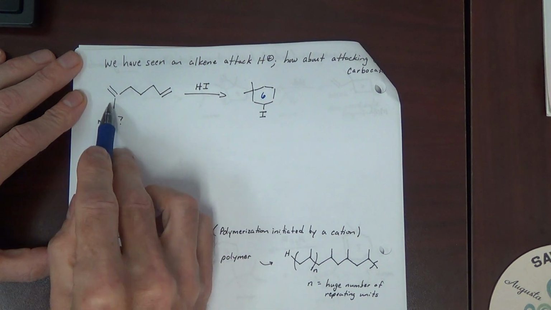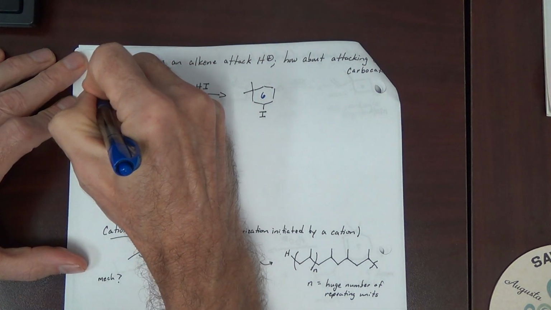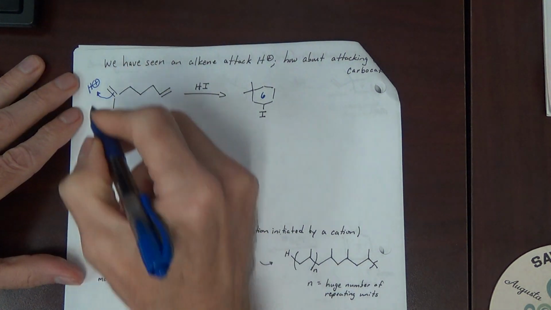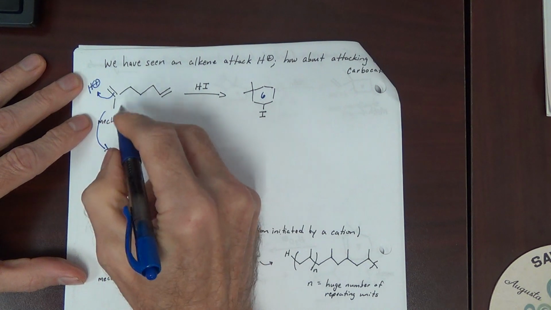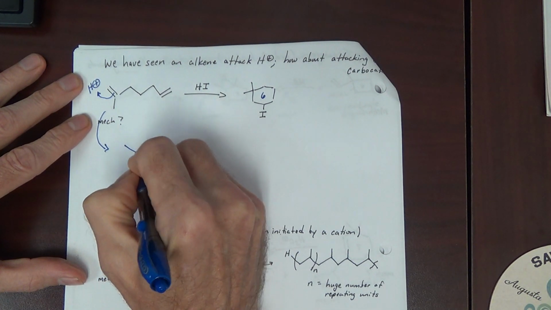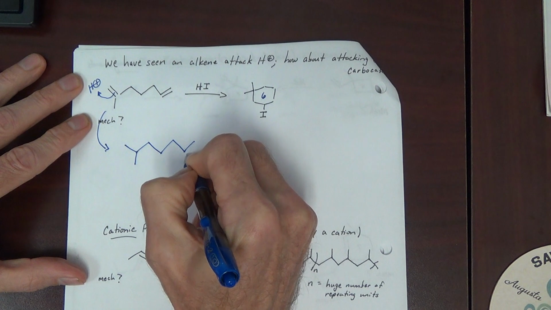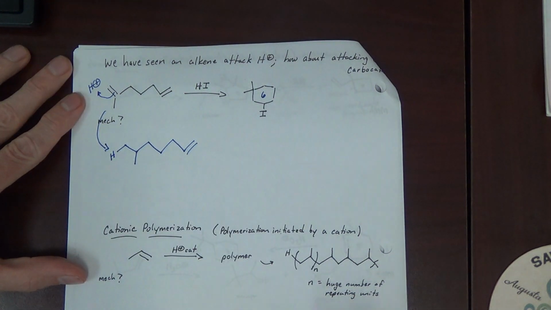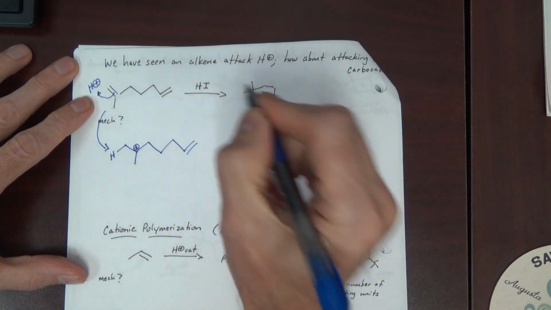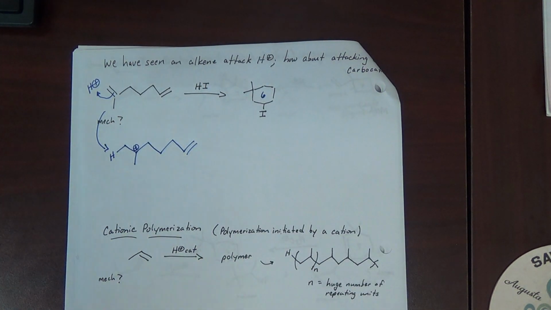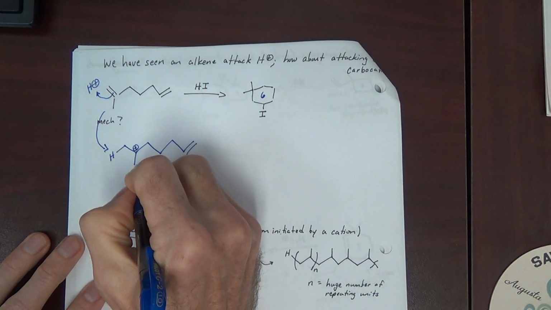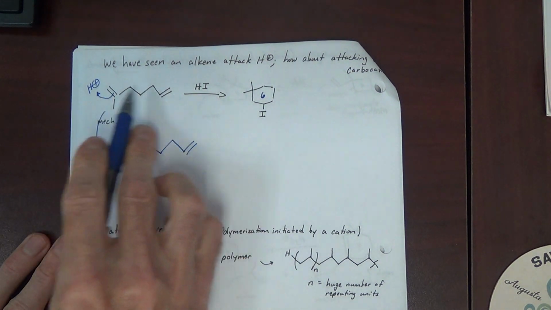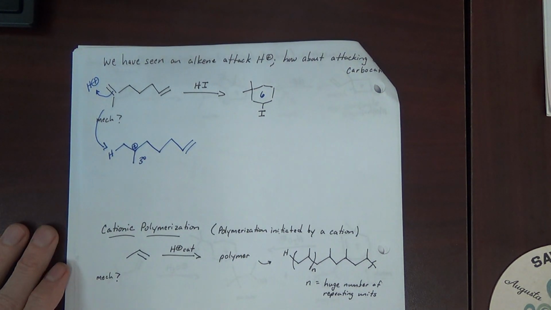Tertiary cation is going to be the best, and it would be formed by reaction of this alkene with the H+ to give a new H on that carbon there and a carbocation here. Tertiary carbocation is the best we can envision from the two alkenes.